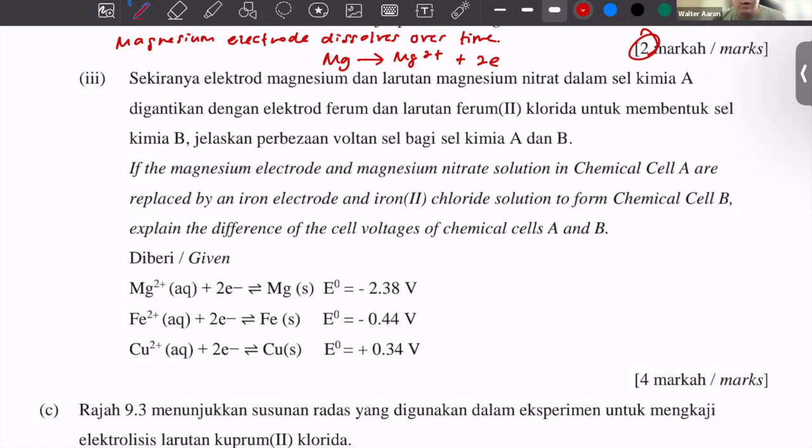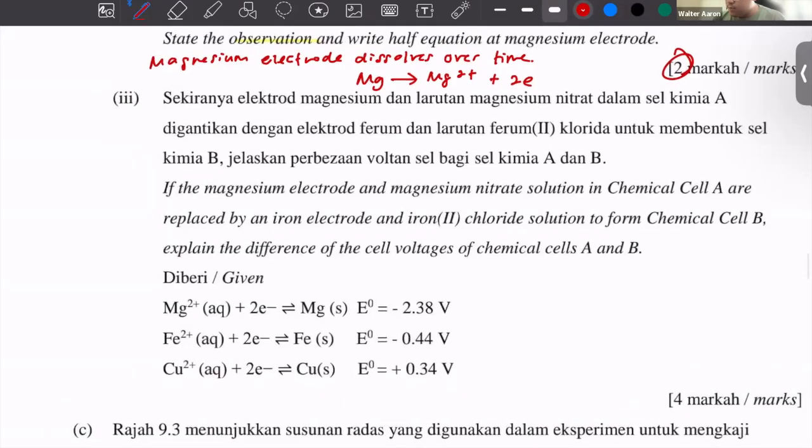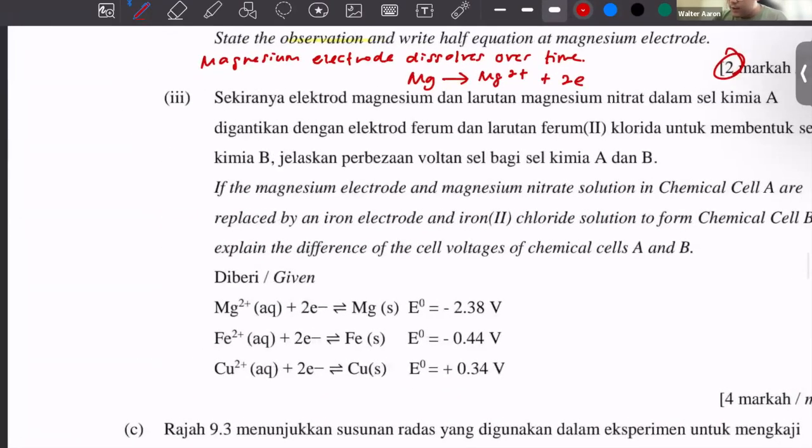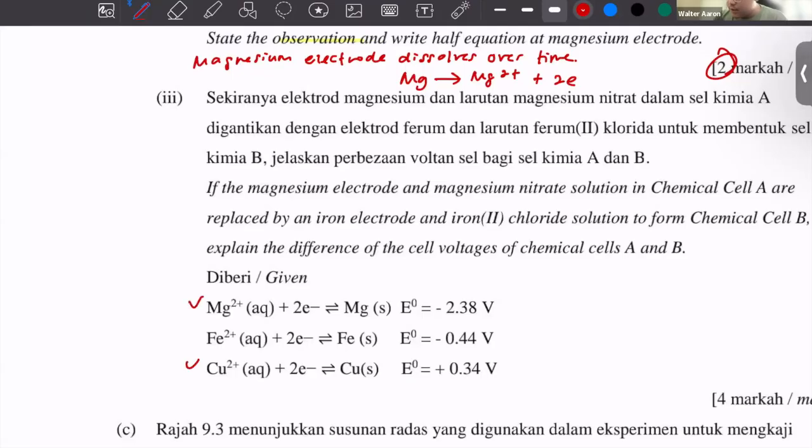So I think we'll need to calculate for the first cell, which is between magnesium and copper first. So if we're gonna measure the voltage between magnesium and copper first, the E naught of the cell is equivalent to E naught of the positive terminal minus the E naught of the negative terminal.